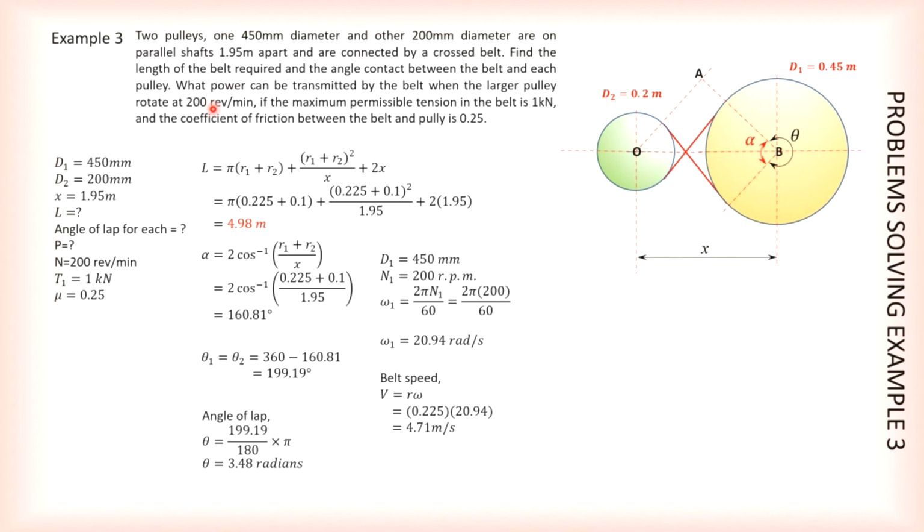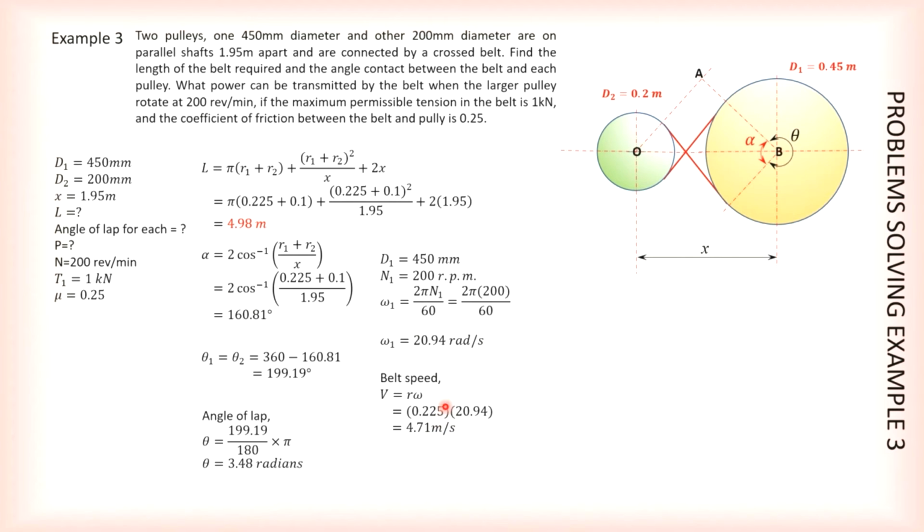So the 200 RPM they have given, they say that is the larger pulley, which is at 200 revolutions per minute. So the larger pulley is this. Make sure you use this R with respect to this diameter.